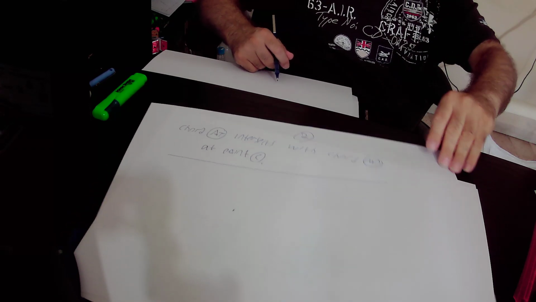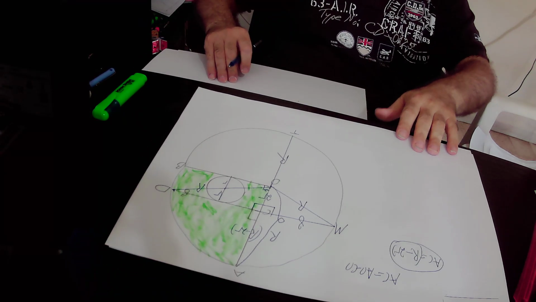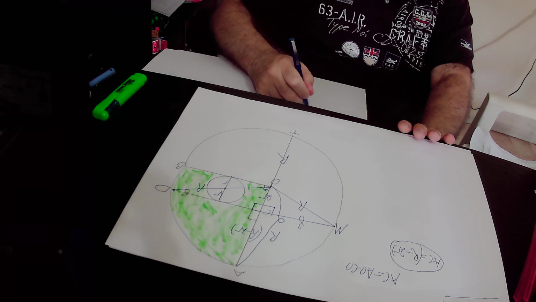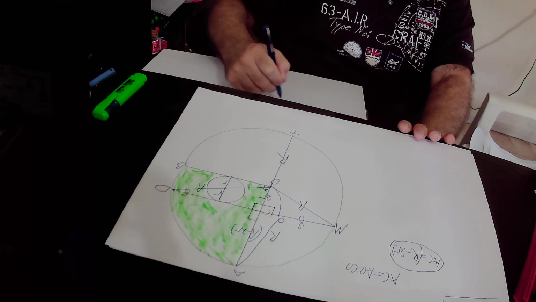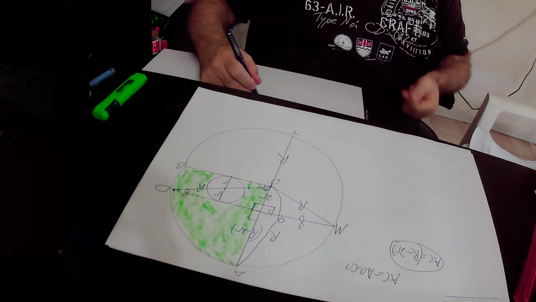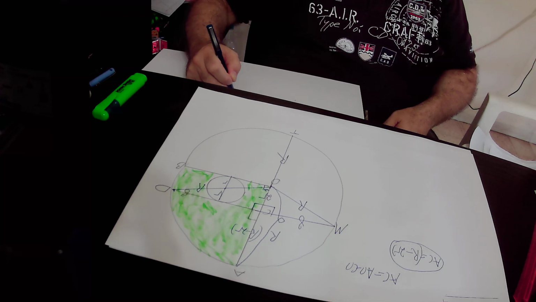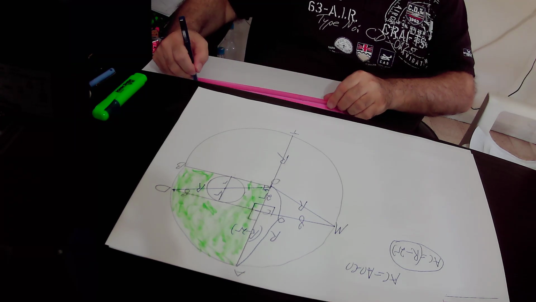Therefore, according to rule number 11, we get that MC times CD equals AC times CT. I'll repeat again.